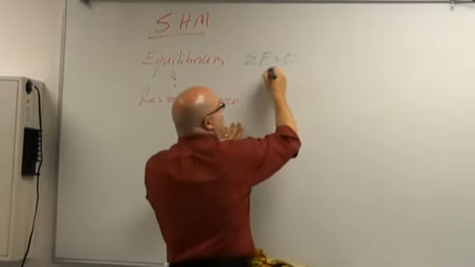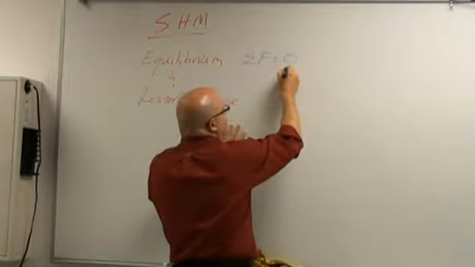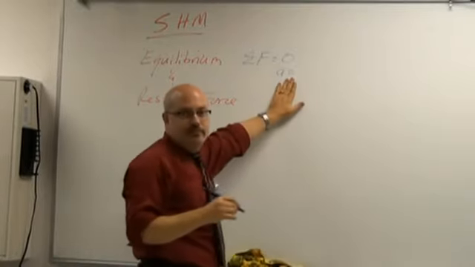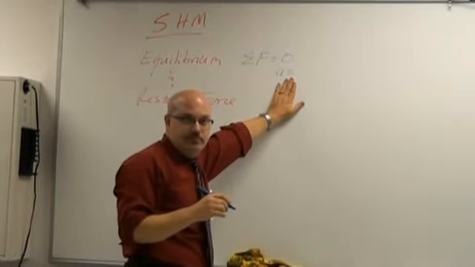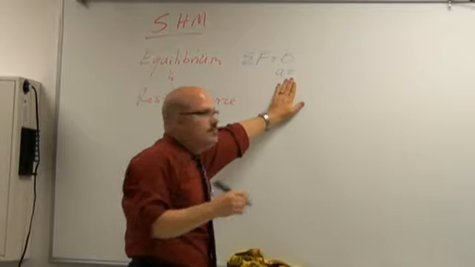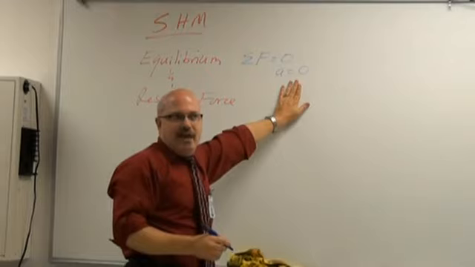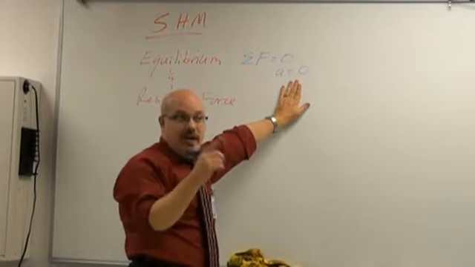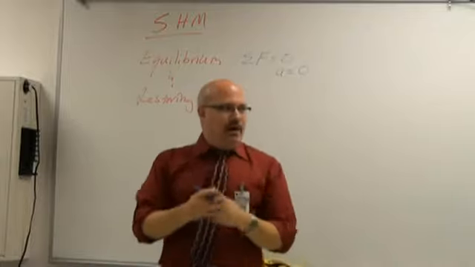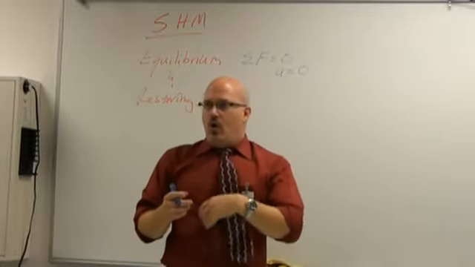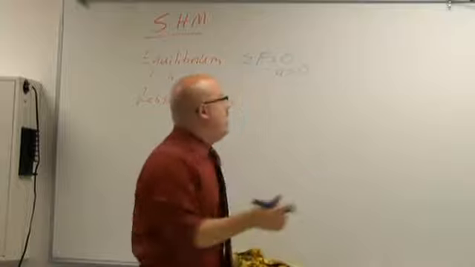Now, since F equals ma, what does that mean for the acceleration? It's going to be 0. And so what does that mean for your velocity? It's either going to be at rest, equilibrium at rest, or a constant velocity, right?